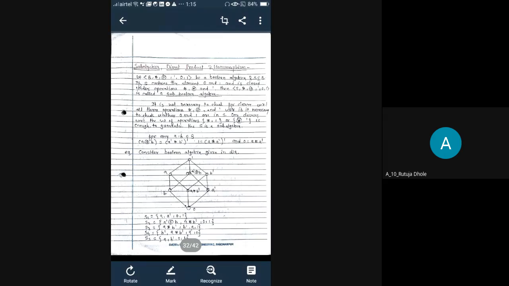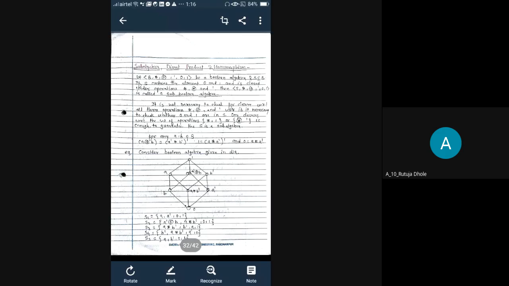If B, star, XOR, complement, 0, 1, this is the given Boolean algebra, then another algebra S is called a subalgebra of B if and only if first condition, S is a subset of B. Second one, S is closed under operations star, XOR and complement. And third one, 0 and 1 are present in S. Then S is called a subalgebra of B. So it was the definition.